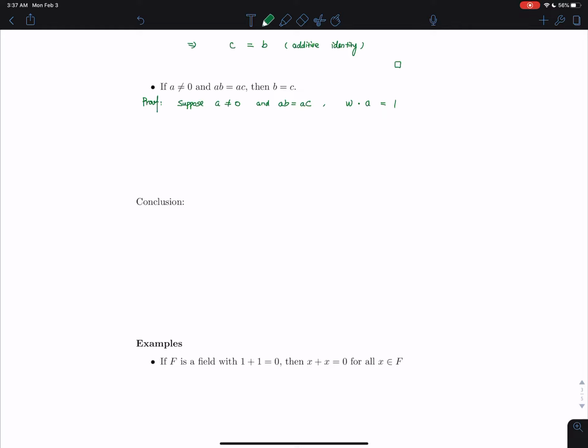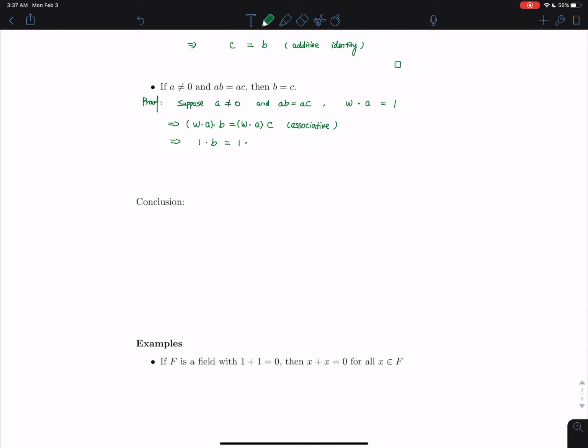Now we can multiply W on both sides. Again, has to be the same side. And use associative law. Well, it's essentially the same thing. This will give you 1.